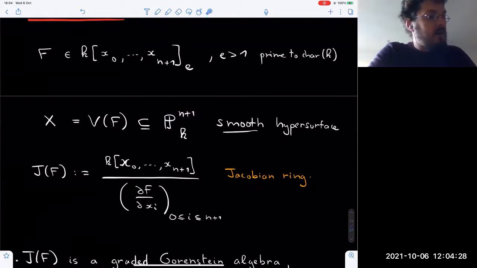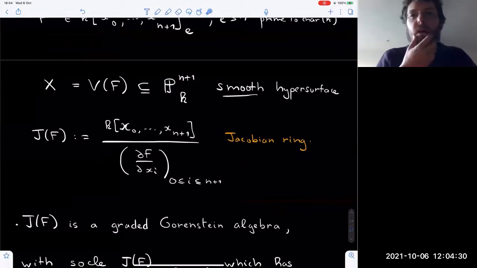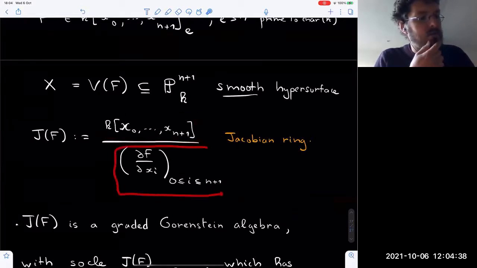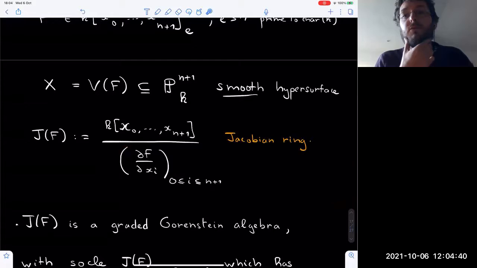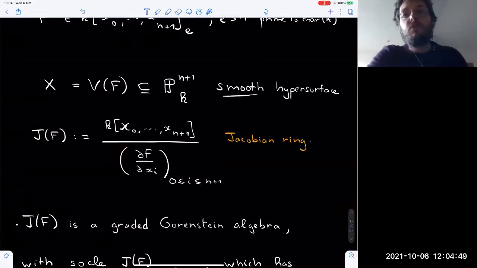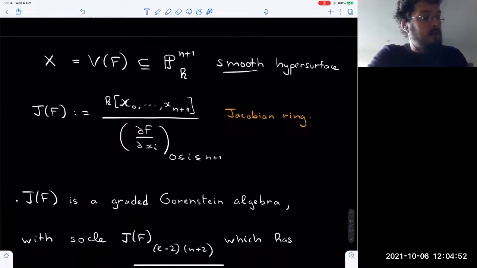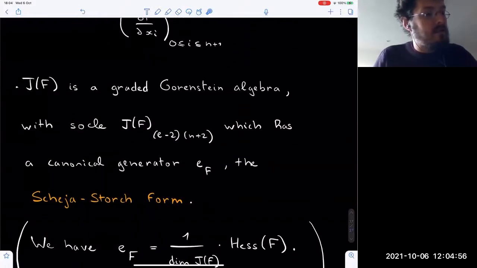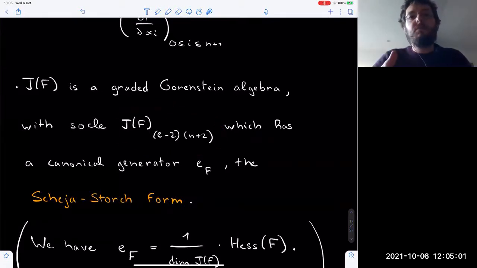So in this case, you can associate to this the Jacobian ring, which is the quotient of the polynomial ring by the ideal generated by the partial derivatives of your defining equation. So this is still a graded ring, and in fact it turns out to be a finite dimensional graded Gorenstein algebra. This means in particular that the top non-zero graded piece is one dimensional.